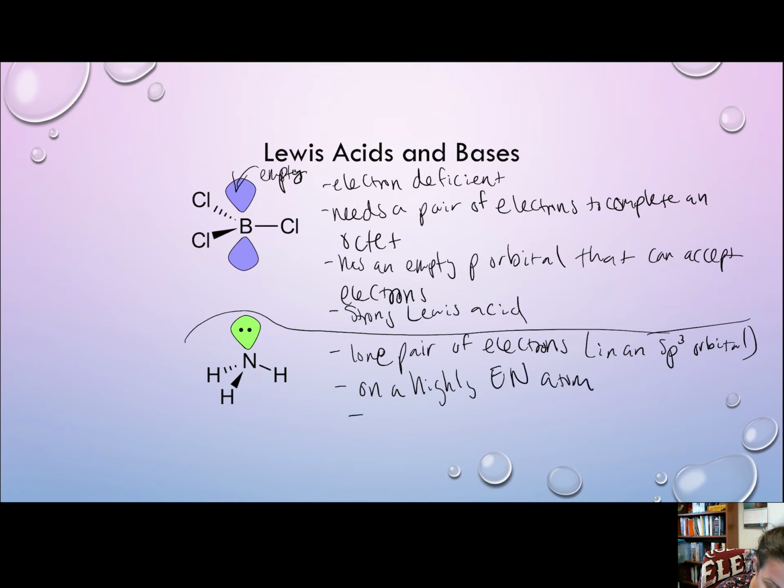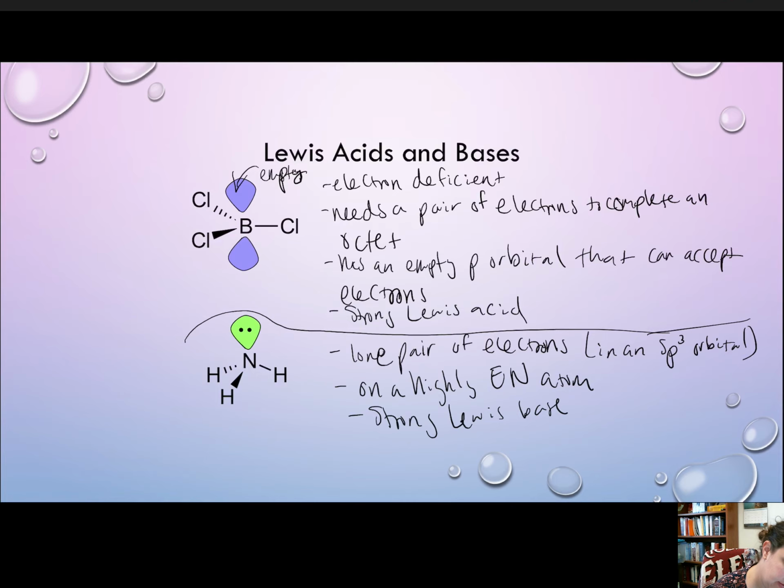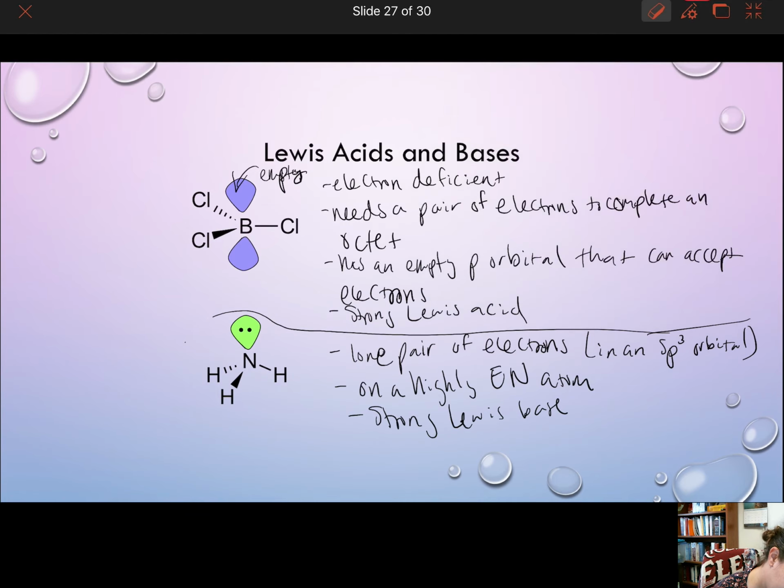And if we have both of these things, we have a strong Lewis base. So in the case we have here, this pair of electrons can donate electrons here to make a bond. This would be our Lewis base, and our Lewis acid based on our definition, right? A Lewis base donates electrons, Lewis acid accepts electrons.